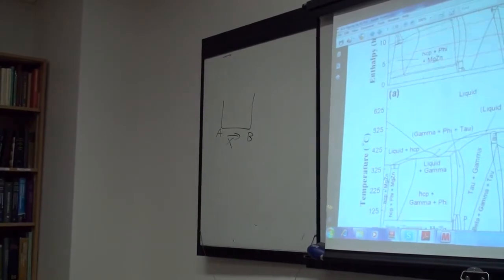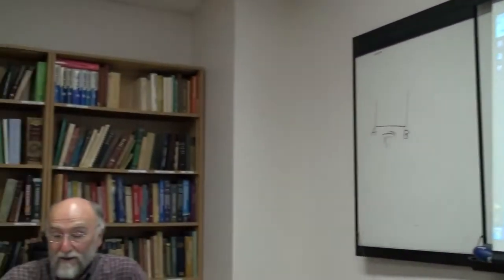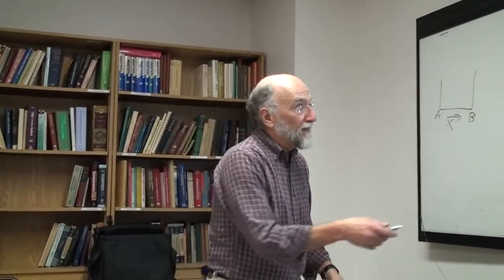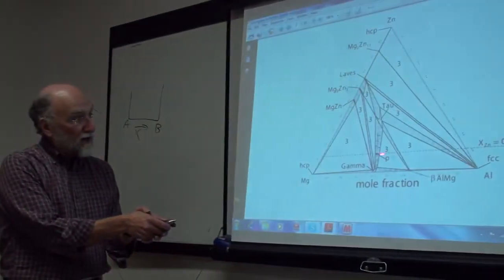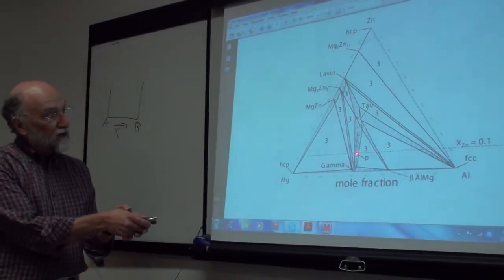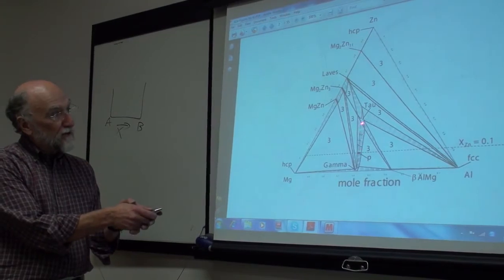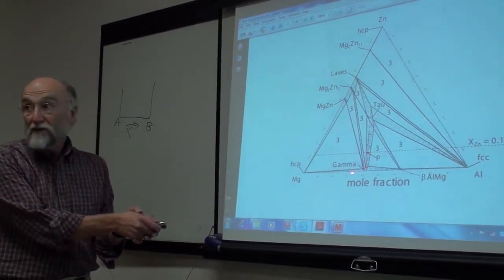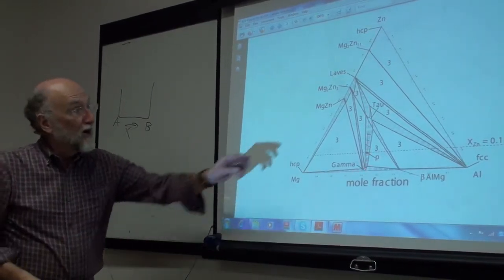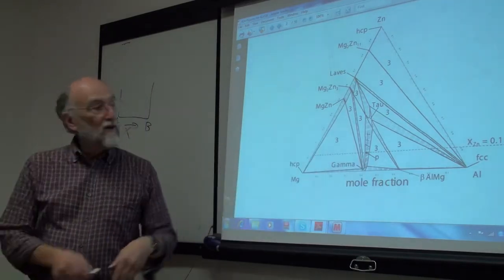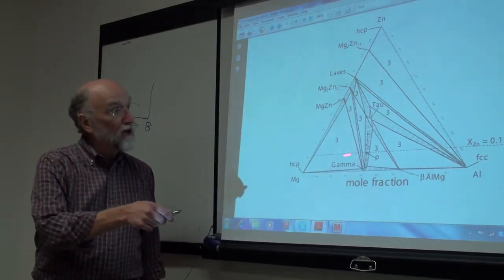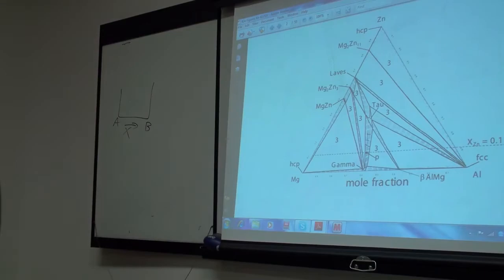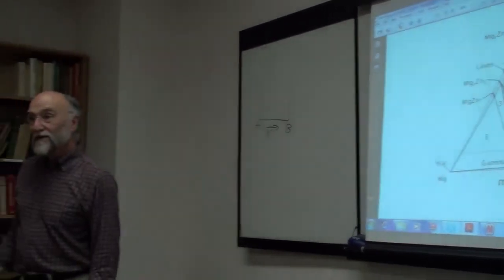As I went through last time, if you are, for example, at this point P, which is on this dotted line, the overall composition is at point P, but your two phases are a tau phase here and a gamma phase here, and their compositions are not on that line. So the composition variable along this line is not sufficient to define the composition of every phase.